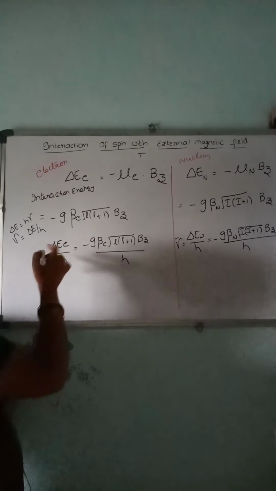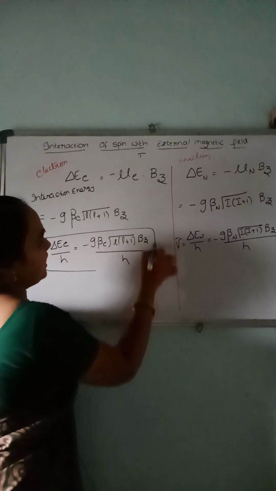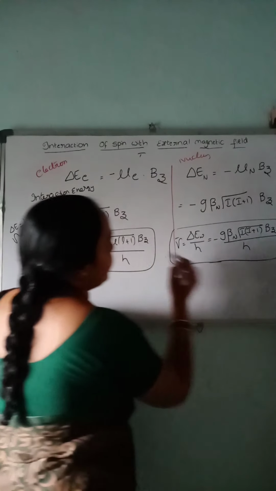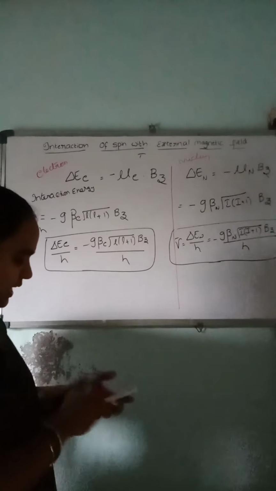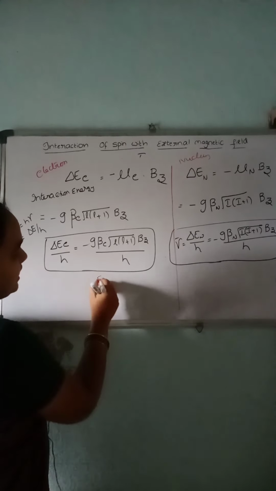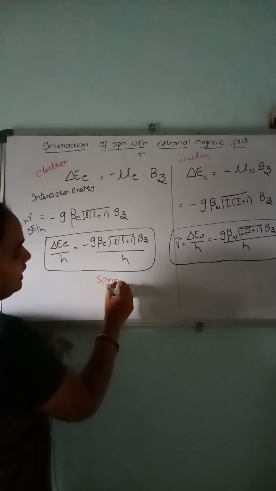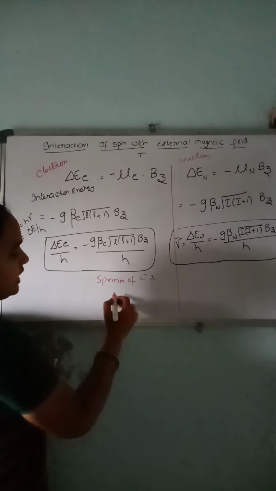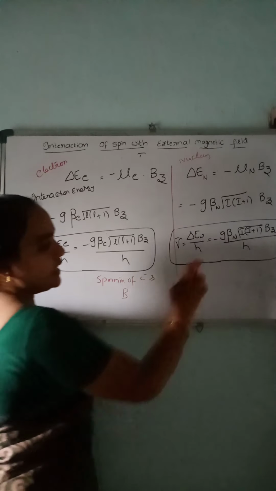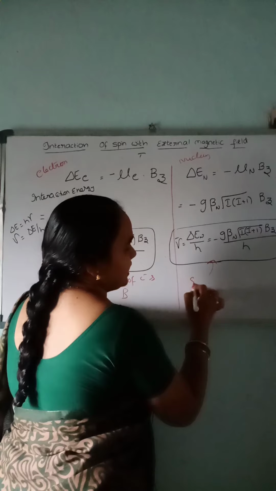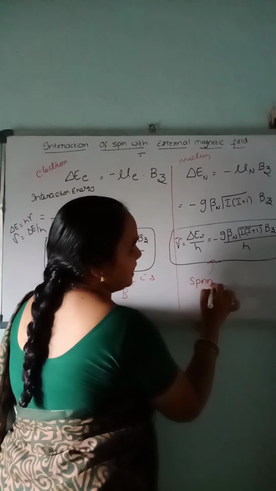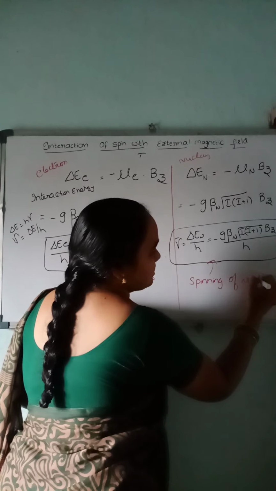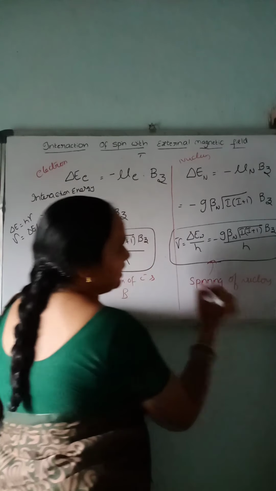So these are the two important formulas: this is the equation for the spinning of electrons in the presence of an external magnetic field, and this equation represents the spinning of particles such as nucleons in the presence of an external magnetic field.